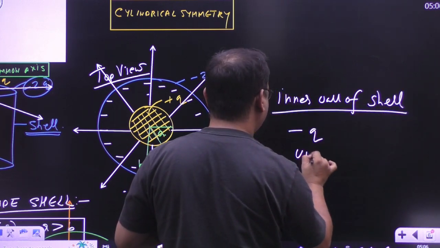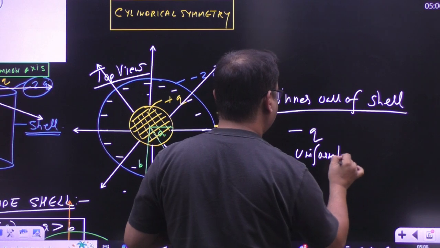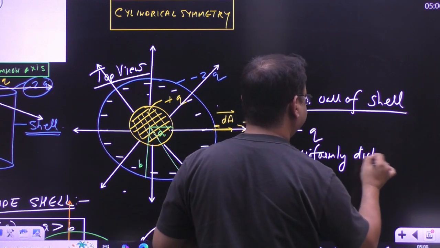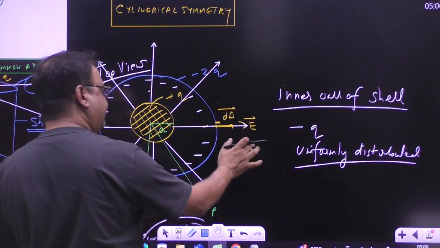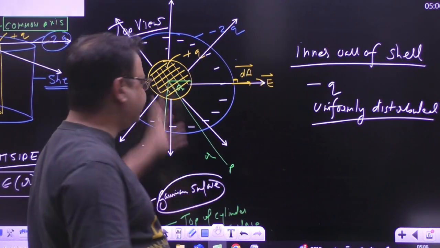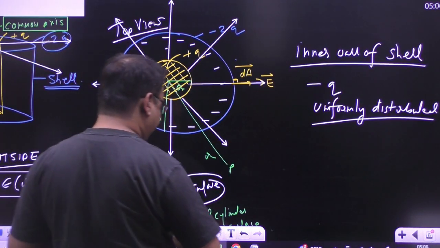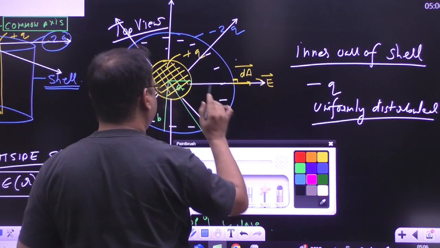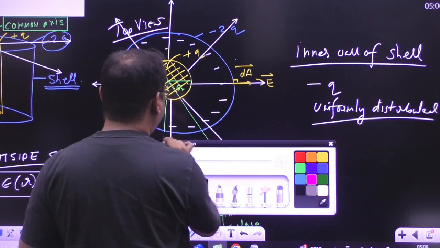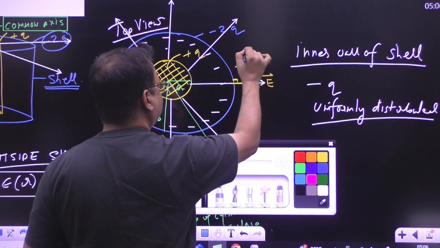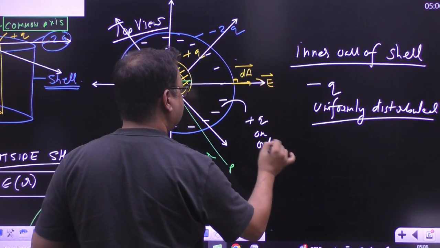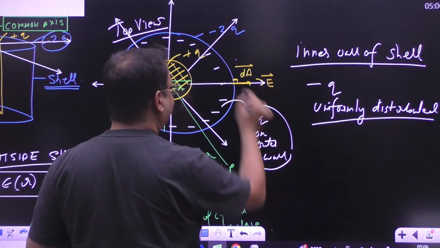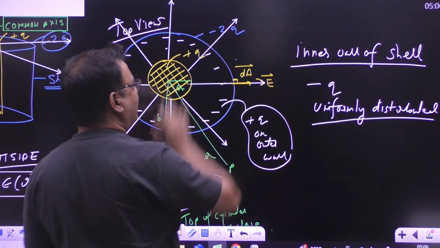Minus q, uniformly distributed, correct? And since induction never creates charge, we have seen all this fundamental. As soon as minus q appears on the inner wall of the shell, a plus q charge will go to the outer wall. Plus q on the outer wall, and already on the outer wall there was a charge of minus 2q.